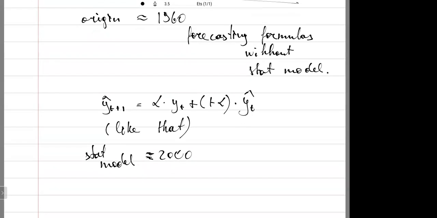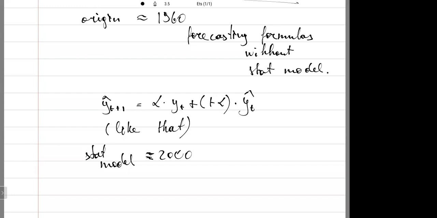Sometimes in a book, you may encounter a presentation of these models without statistical assumptions, just like: this is the forecasting formula for an exponential smoothing model. And we will use it, and it works more or less well in some circumstances.